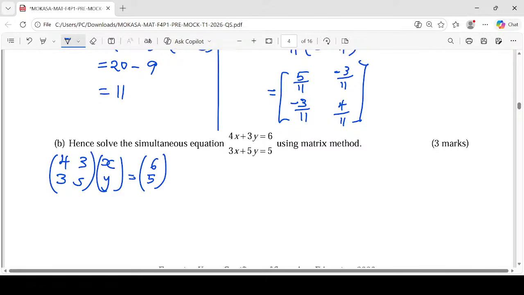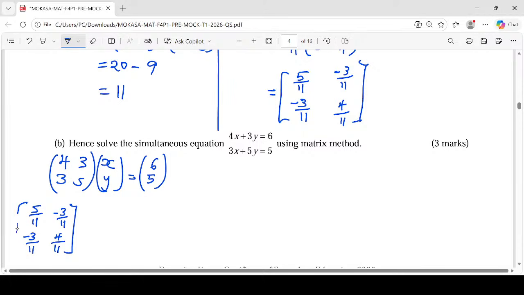When using the matrix method, we are going to pre-multiply the inverse of the matrix to either side of the equal sign. So I'll have here 5 over 11, -3 over 11, then -3 over 11, 4 over 11.